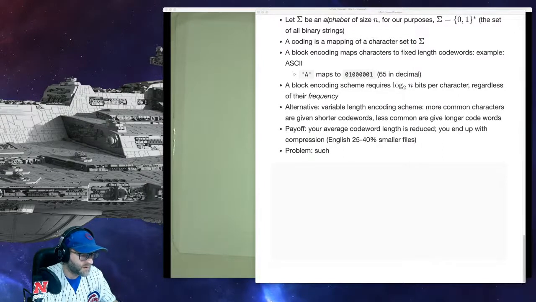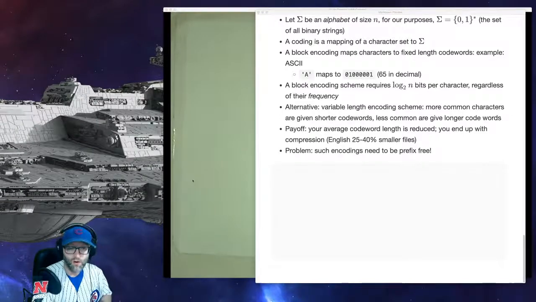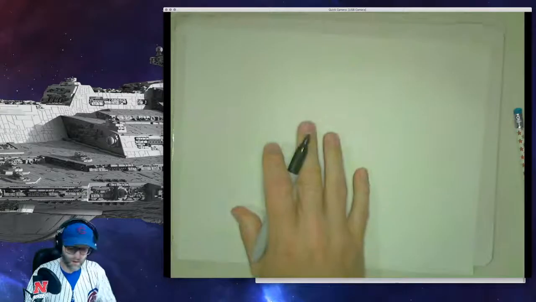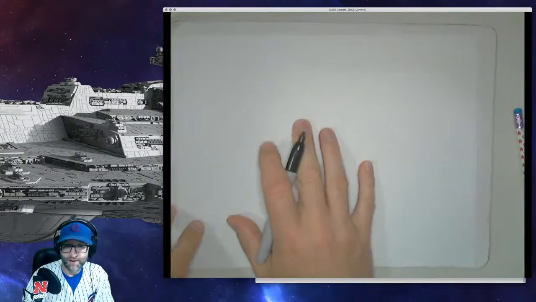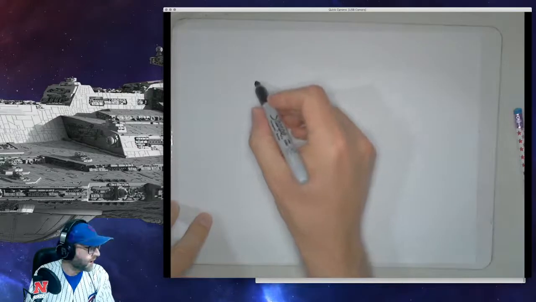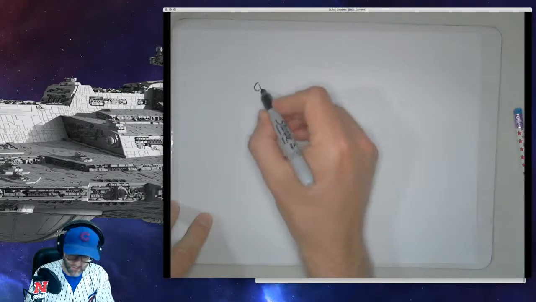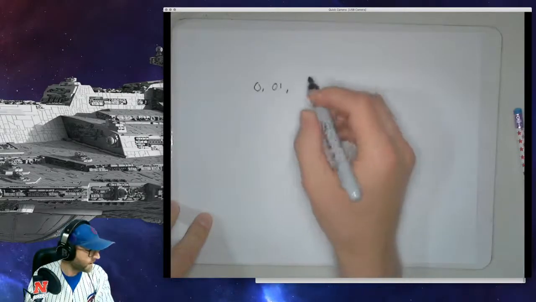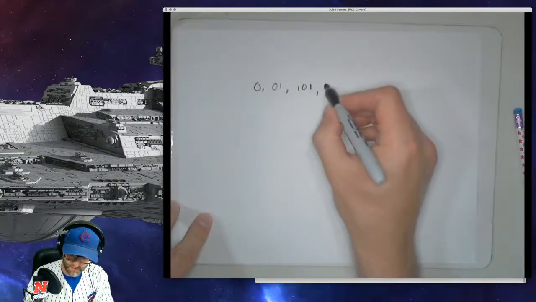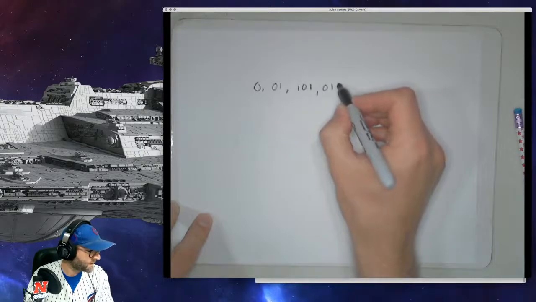Such encodings need to be prefix free. Right? So for that, I'm going to go over here and I'm going to propose the following encoding. Say that we've got A, B, C, and D. In other words, just 4 characters that we want to encode. What if we wanted to do 0, 01, 10, and 010, right?